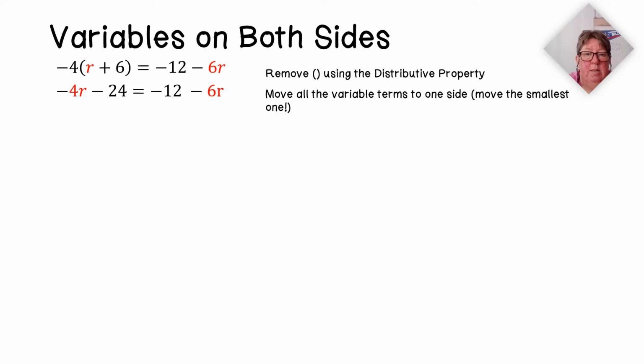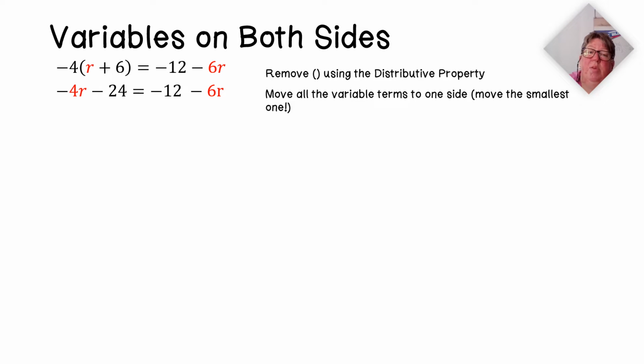Well, what next? We're going to move all the variable terms to one side, and we are going to move the smallest one. So we have -4 and we have -6. -6 is smaller than -4, so that is the one that we're going to eliminate. So I have minus 6r.